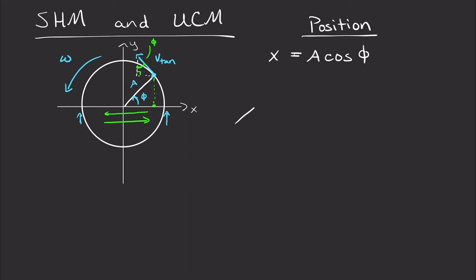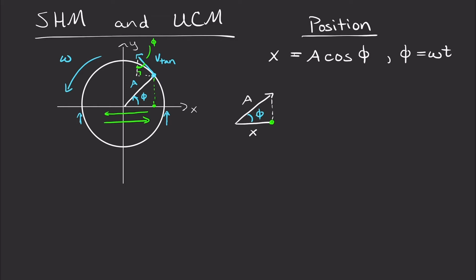Because this is our little triangle, this is our hypotenuse, this is our x-coordinate, this is our position. And so if we just do the opposite side, that's going to give us cosine, and that will give us our x component. And then we also know that phi is equal to omega t, because angular velocity is just our angle over time, so our angular displacement over time.